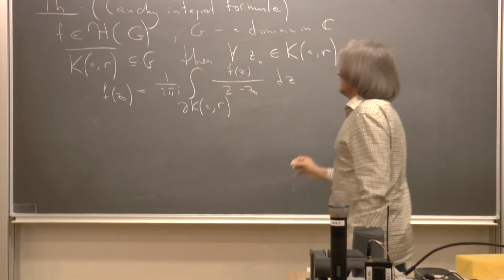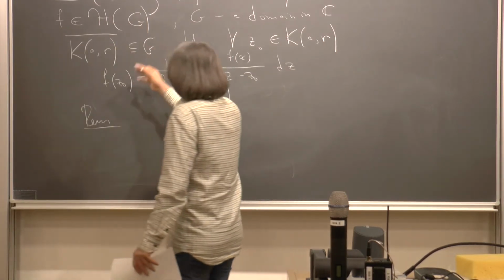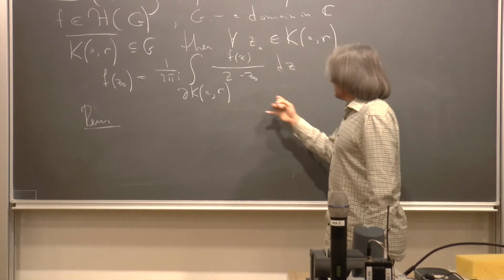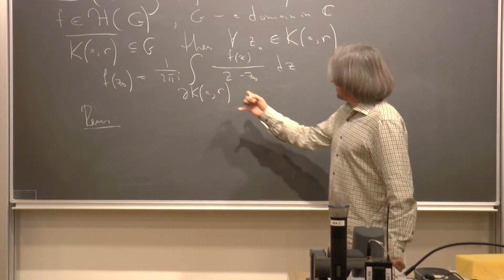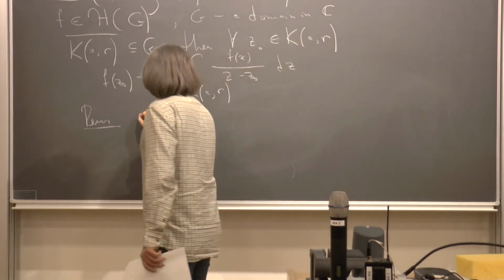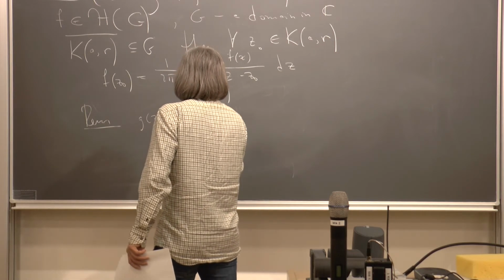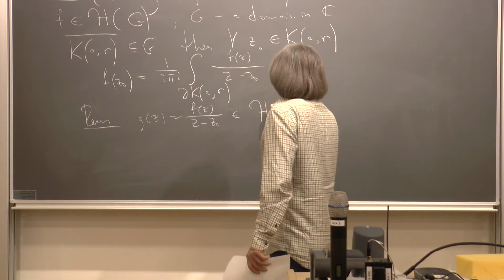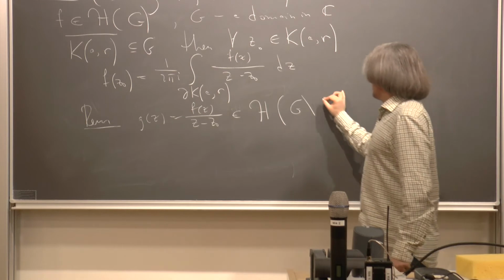Just notice that since f is holomorphic in G, and 1 over z minus z0 has the only point where it's not defined when z equals z0, g of z, which is f of z divided by z minus z0, is holomorphic in G minus the point z0.